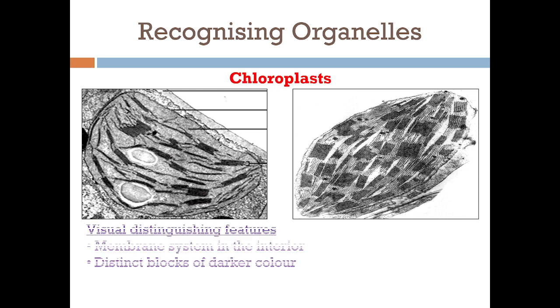For the chloroplast, the distinguishing features would be that you see a lot of lines or membranes going across the organelle, a lot more than the mitochondria, if you compare this slide with the previous slide. And the lines going across the organelle are not uniform in color.